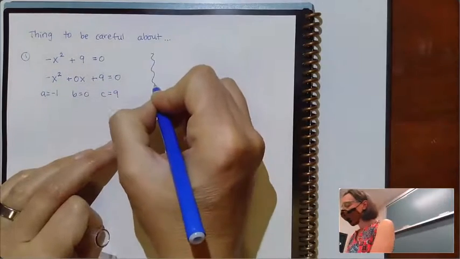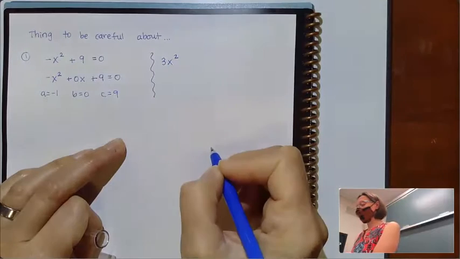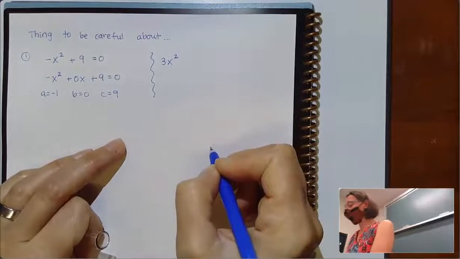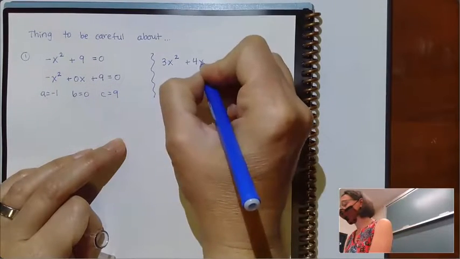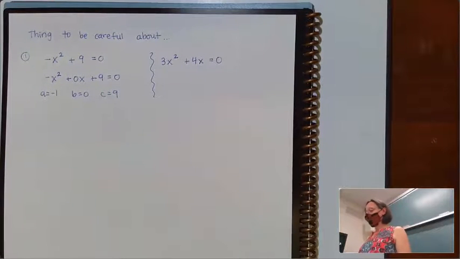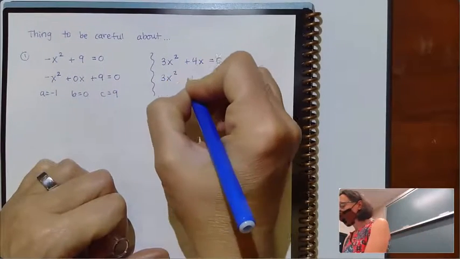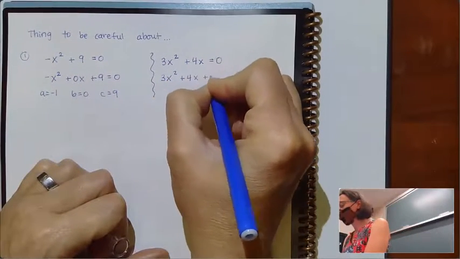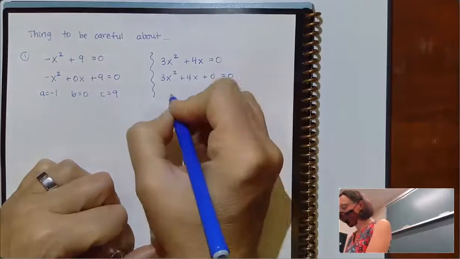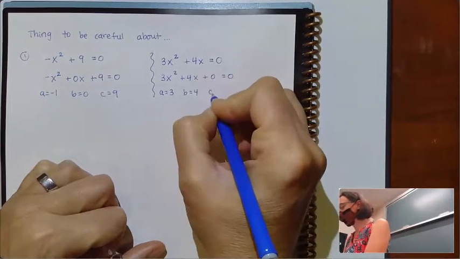Similarly, I would never use quadratic formula to solve something that looked like 3x squared plus 4x is equal to 0. I would definitely choose to factor that. But if you wanted to use quadratic formula, this says 3x squared plus 4x plus 0 is equal to 0, with a being 3, b being 4, and c being 0.